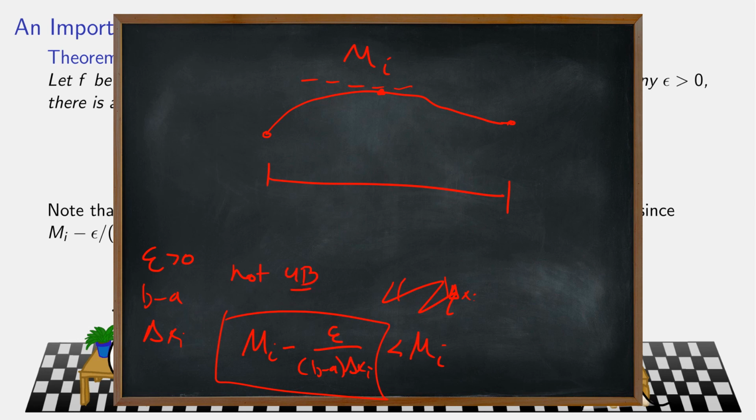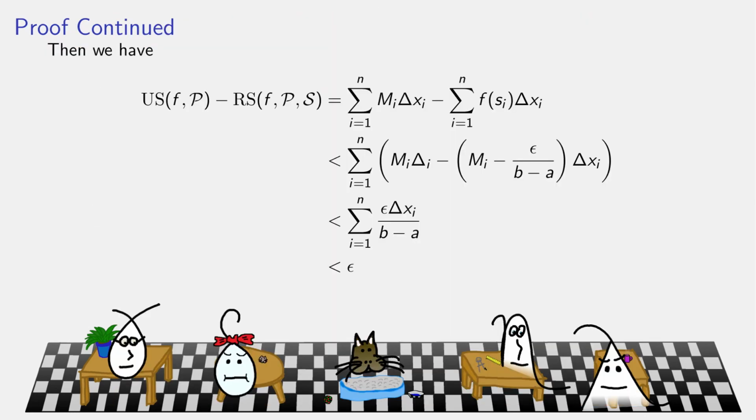Let me draw a different horizontal line here. This is slightly smaller than Mi. So this is capital Mi minus epsilon over b minus a delta xi. Since that's not an upper bound, I can pick a sample point that evaluates to be larger than that. So for this particular method of choosing sample points, you have to do this for every piece of the partition.